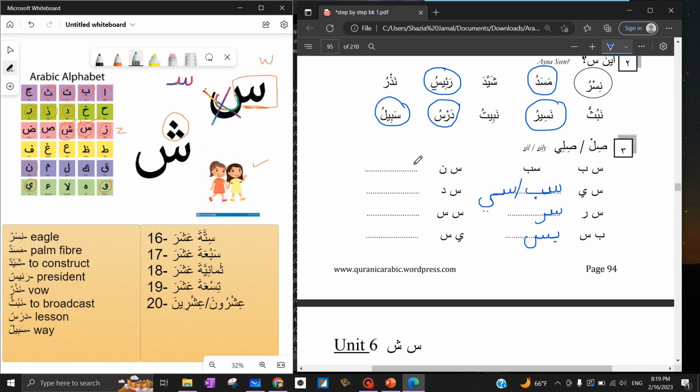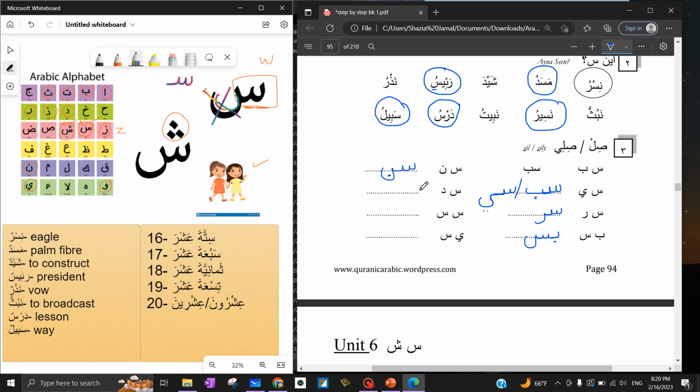Seen and noon. So W of the seen is written on the line with a tail. And then just like ra, a little bit of line above, and then the pot belly of noon down, and you put a dot in between.